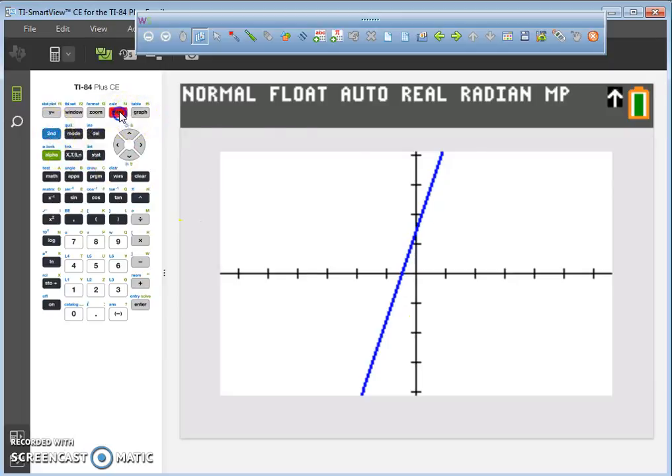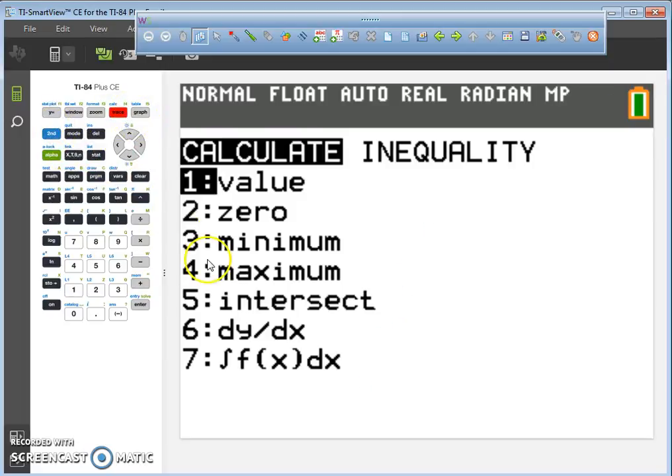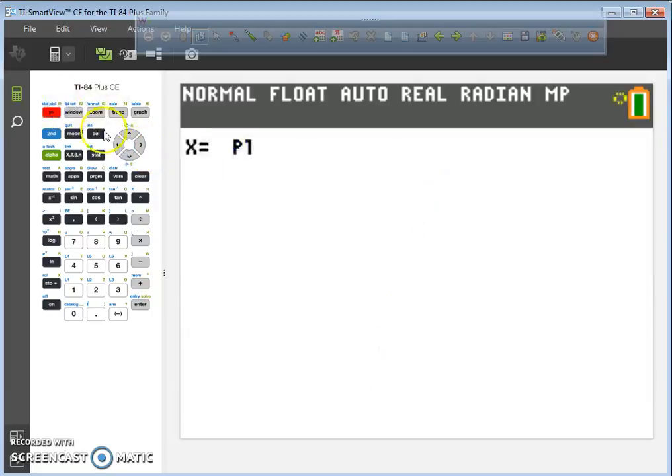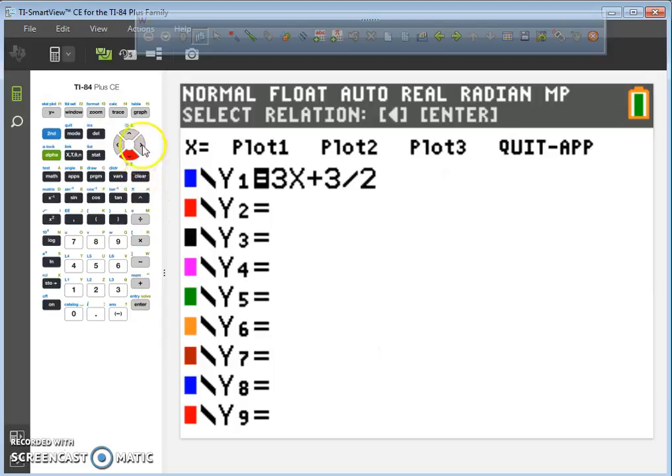Hit second, trace, and we're going to find a point of intersection. So I'm going to hit number 5. Oh, that won't work because I actually have to hit y equals and put 0 for the x-axis, right? You got to put 0 for the x-axis.